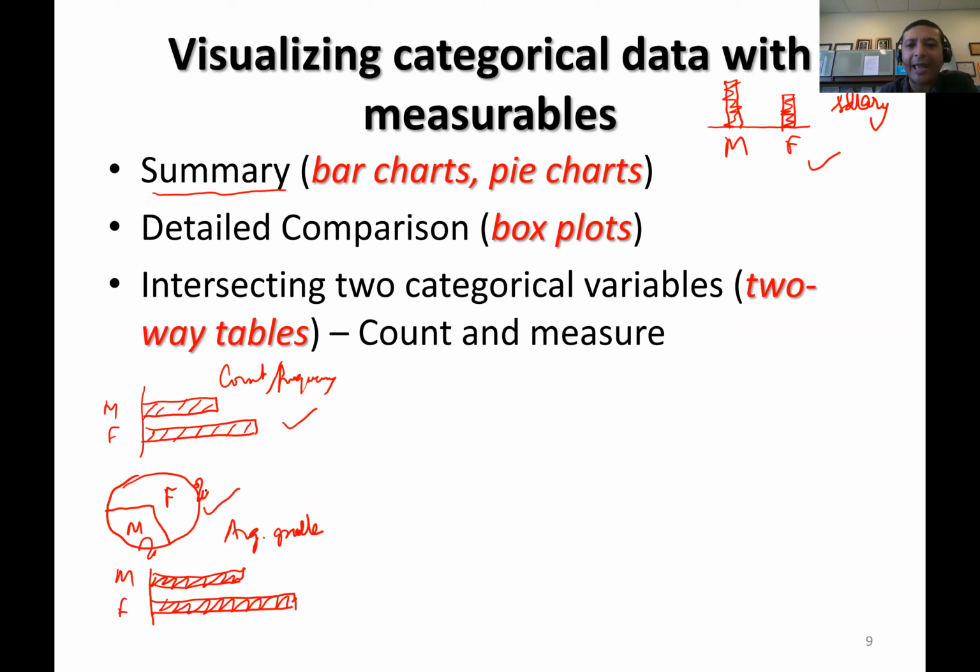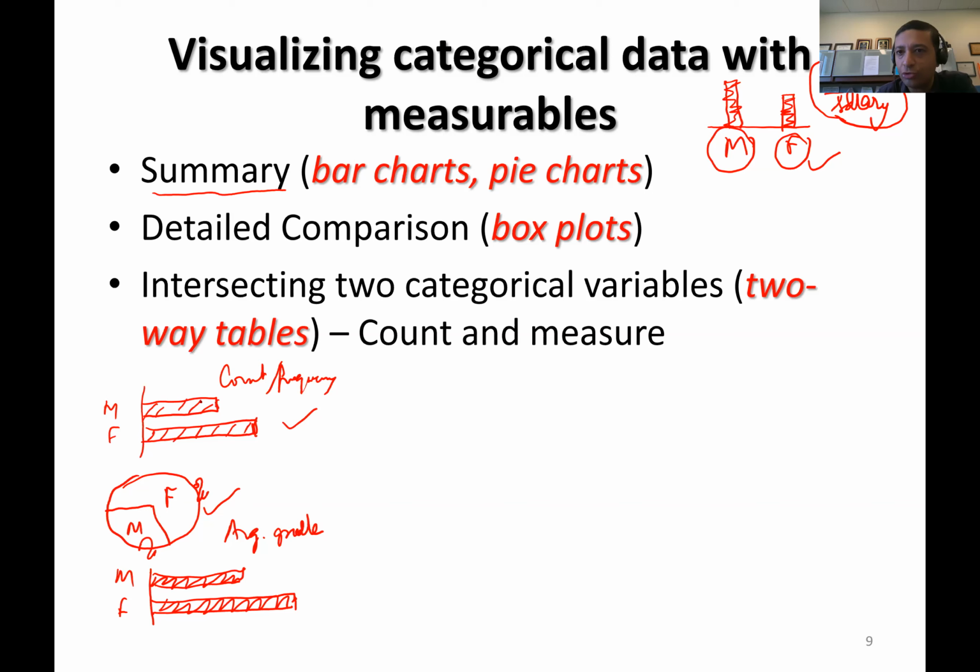So they all capture what we define as summary, be it in the context of count, how many of those clusters are present, or a summary data, meaning an average value. It's not giving every single data point of salary for the males or every single data point of salary for the females. That is not what is captured in a bar chart. It gives you a magnitude at the end of the day.